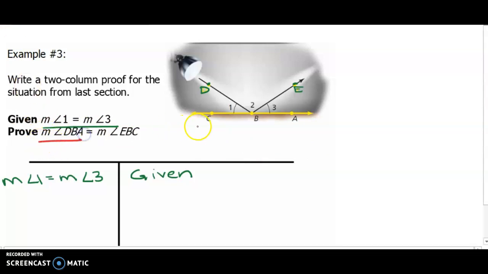How do I go from measure of angle 1 to the measure of angle DBA or the measure of angle EBC? Well, I can see that the measure of angle 1 plus the measure of angle 2 equals measure of angle, what, EBC?